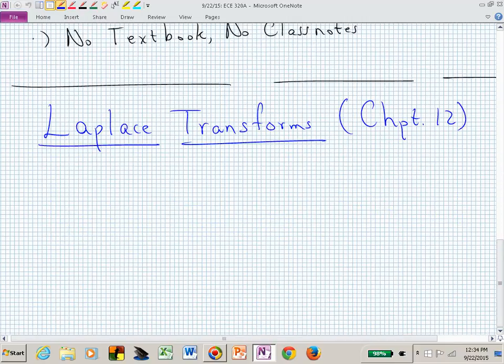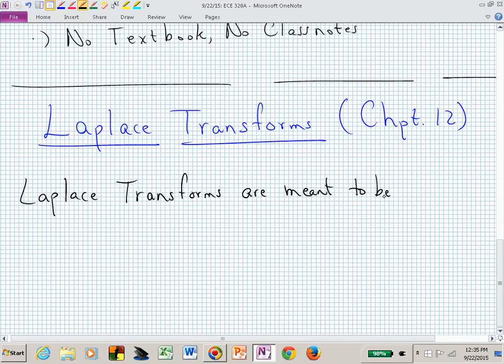Let's now get into chapter 12, Laplace transforms. And these will be your friend for the rest of the semester. Laplace transforms are meant, and that's the key word, they are meant to be a simplifying transformation.